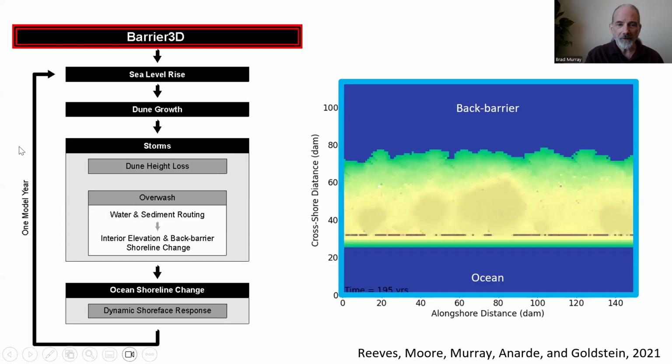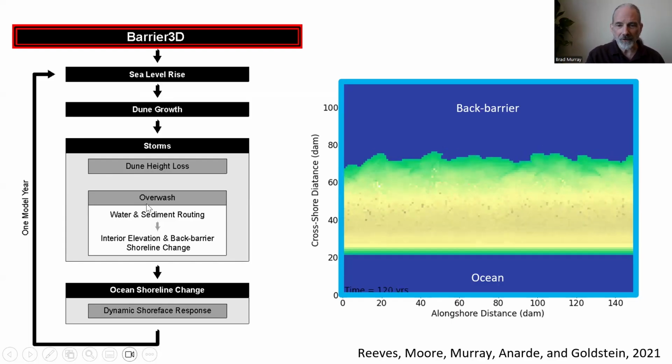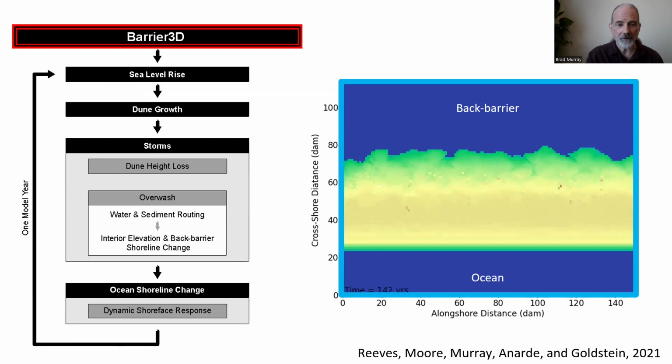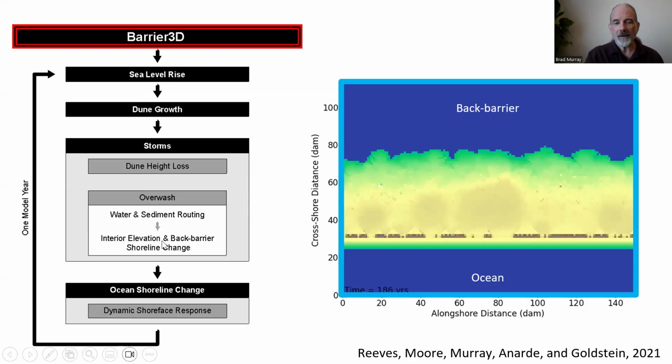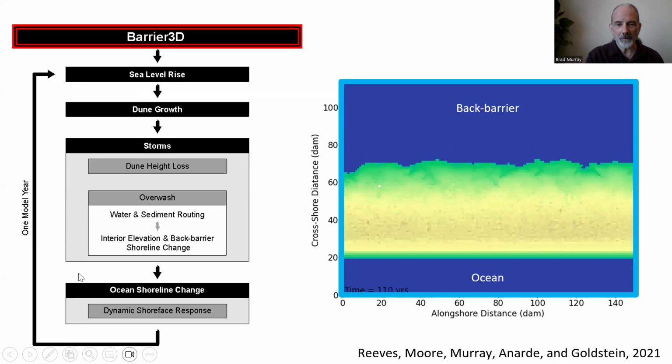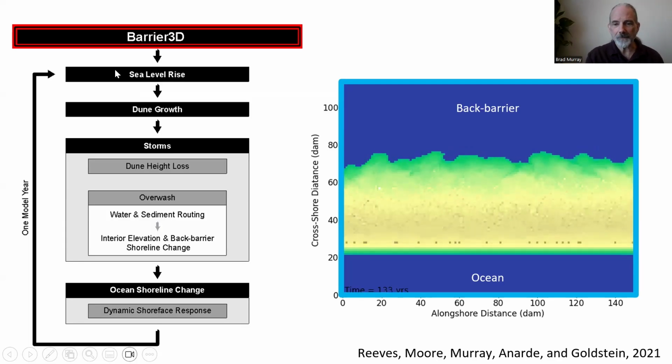So dunes get eroded. If the overwash occurs, sediment gets deposited in the barrier interior and the shoreline position gets changed. And then we take the new topography of the barrier into the next model year.